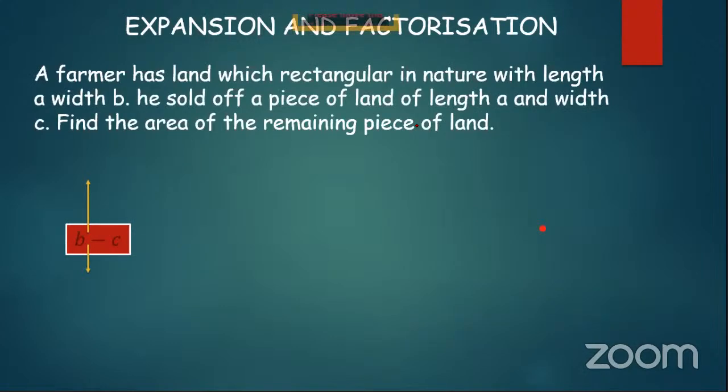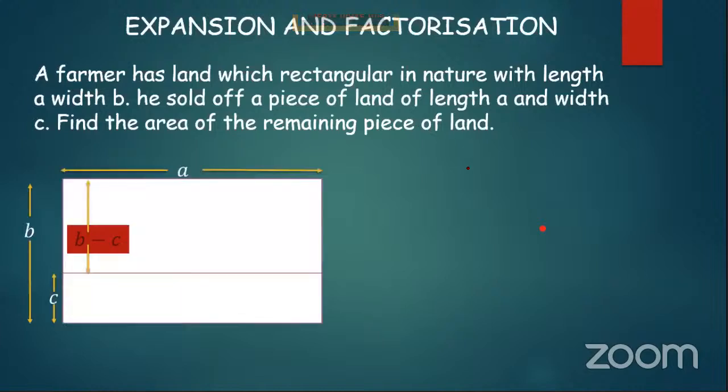We have a farm which is rectangular in nature, with length A and width B. The farmer decided to sell part of his land of length A and width C. So find the area of the remaining piece of land. This is how our diagram looks.